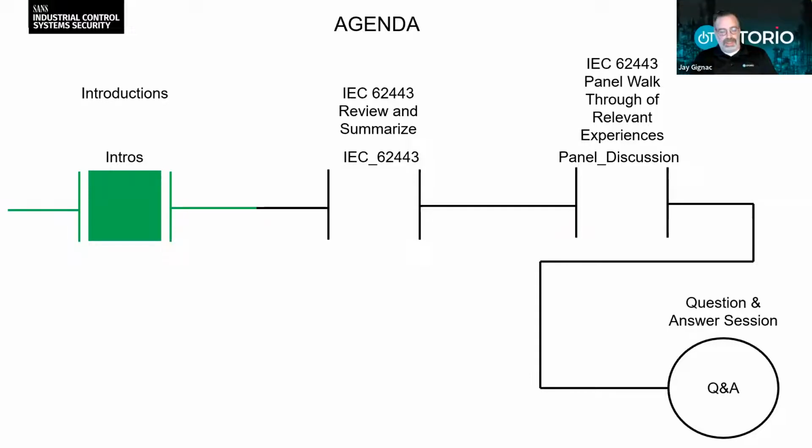Thank you, Jeff. Jay Gignac. So as mentioned, I've been in the industrial space for almost 7 years now, 8 years. Worked with vendors like SourceFire and Cisco back in the day. And that's where I got introduced to industrial cybersecurity. And since then, I've worked with a number of startups in the industry.